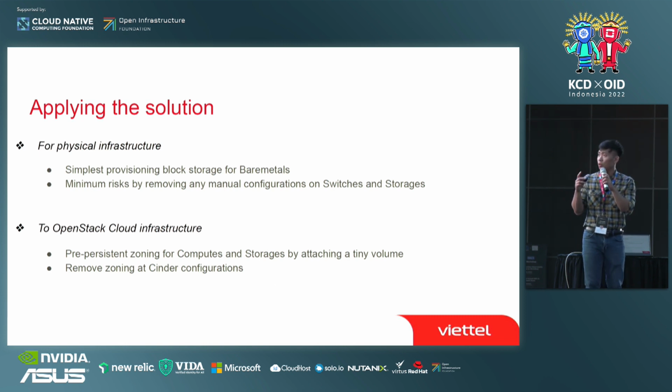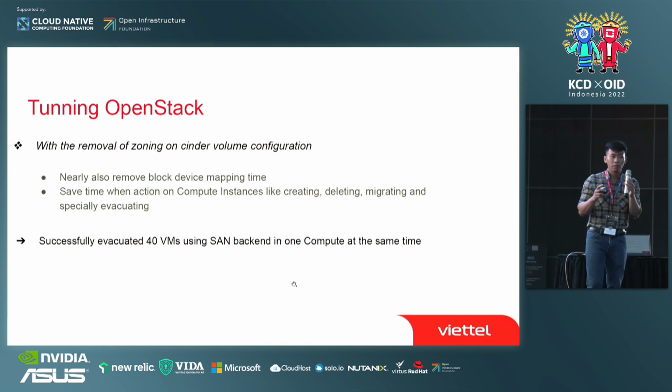And for OpenStack cloud infrastructure, we did a little trick to remove the zoning configuration at the Cinder configuration by attaching a tiny volume. We realized that the zoning configuration by Cinder volume only has to be done one time, when you attach the first volume to the compute.